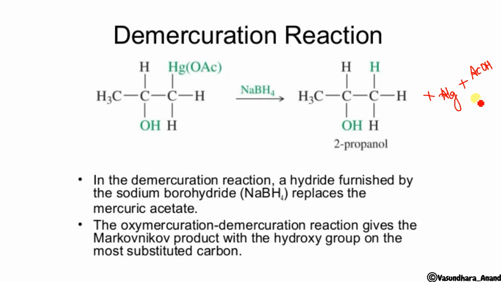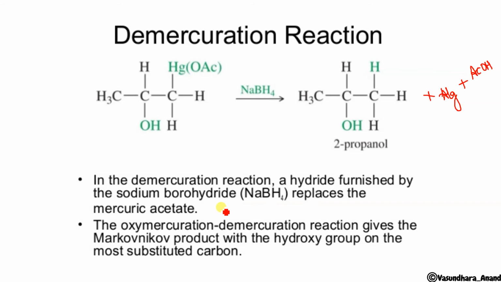This is Hg, and acetic acid will form as a side product, and this H will attach over here, reduction, and that will lead to formation of 2-propanol. In the demercuration reaction, a hydride furnished by the sodium borohydride replaces the mercuric acetate, as I have explained. The oxymercuration-demercuration reaction gives the Markovnikov product with the hydroxy group on the most substituted carbon.